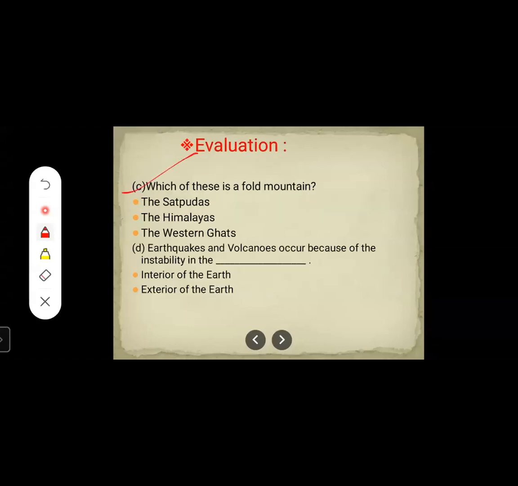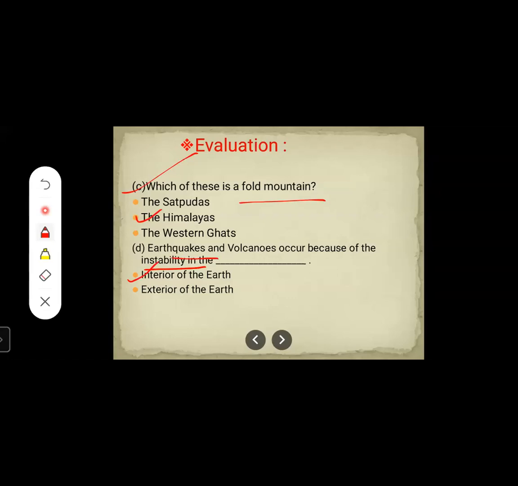Which of these is a fold mountain? An example of a fold mountain is the Himalayas. Do earthquakes and volcanoes occur because of instability in the interior or exterior? In the interior of the earth, as we are learning only the internal movement.